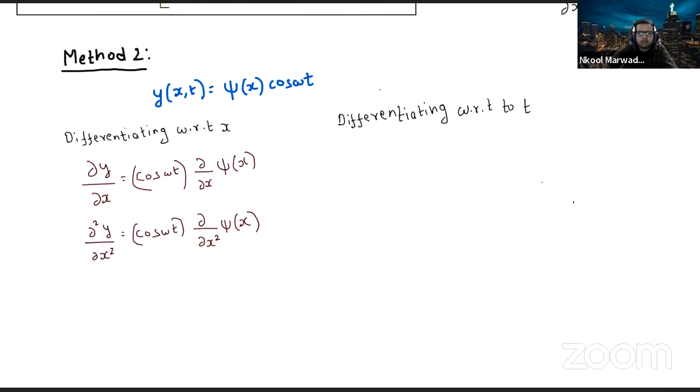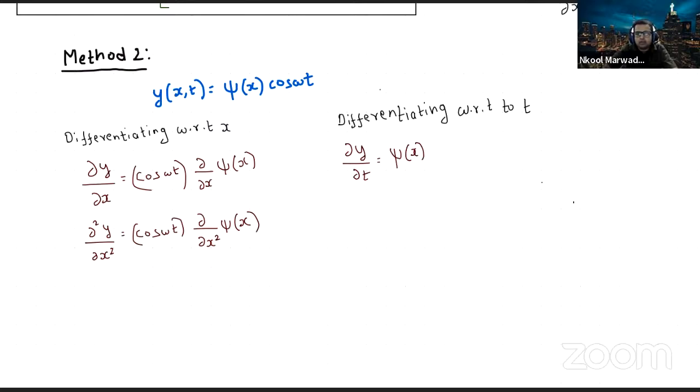That is the time. What we will do. So partial derivative of y with respect to t. Now when we are differentiating it with respect to t, this psi x will be treated as constant. It has nothing to do. It will come out. But cos omega t will get differentiated.